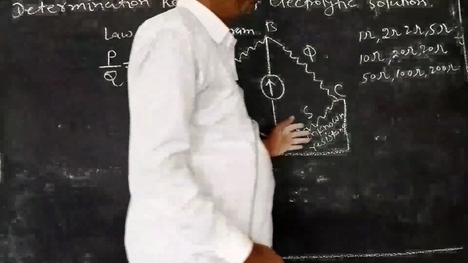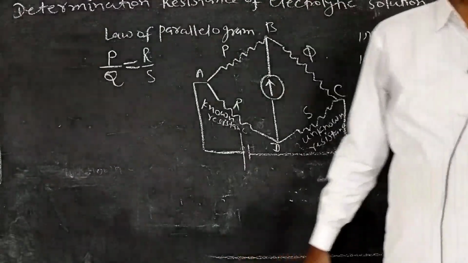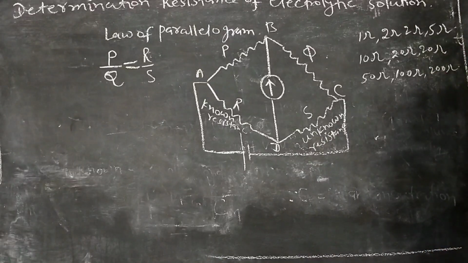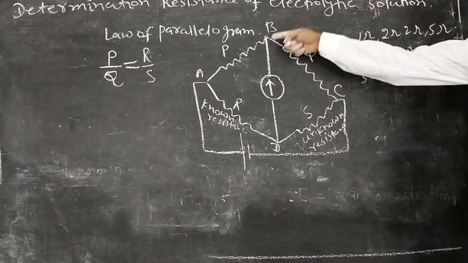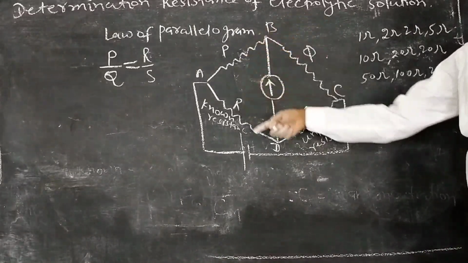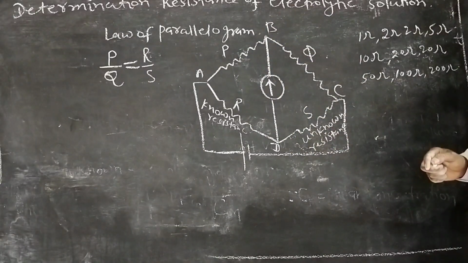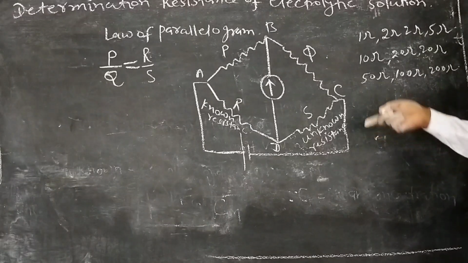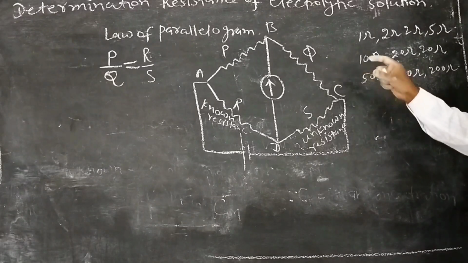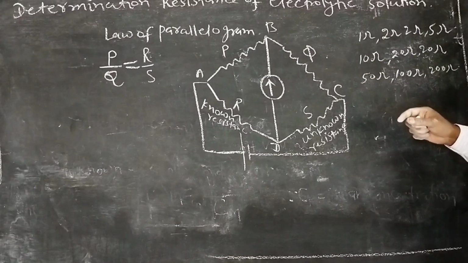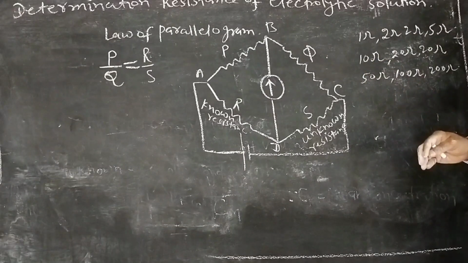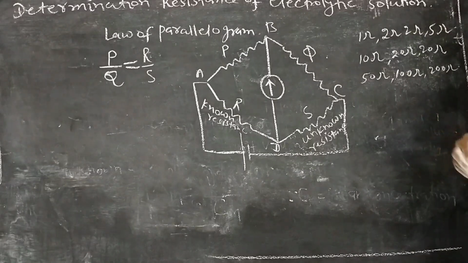You have to read about this in the physics practical. On the basis of Wheatstone bridge, that is law of parallelogram, we have to do double practical: one meter bridge and second post office box. On the basis of meter bridge, we determine the resistance of our electrolytic solution.